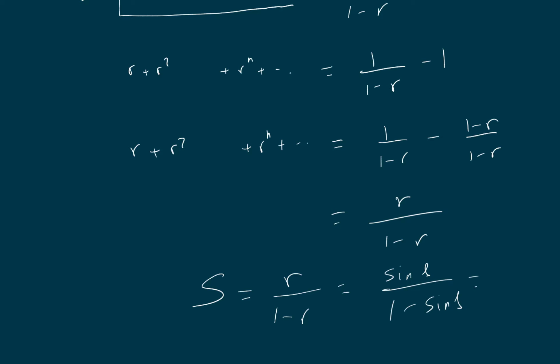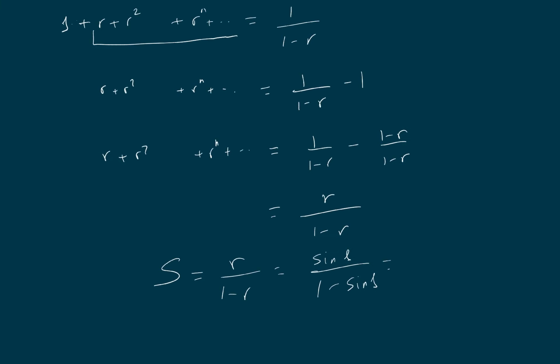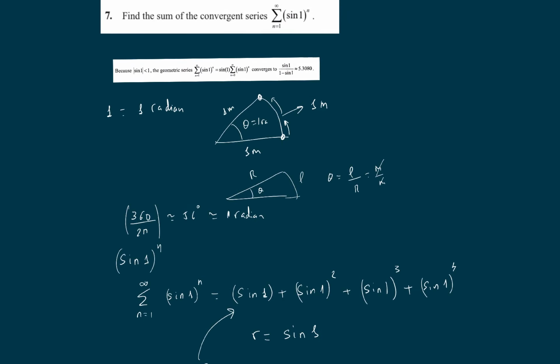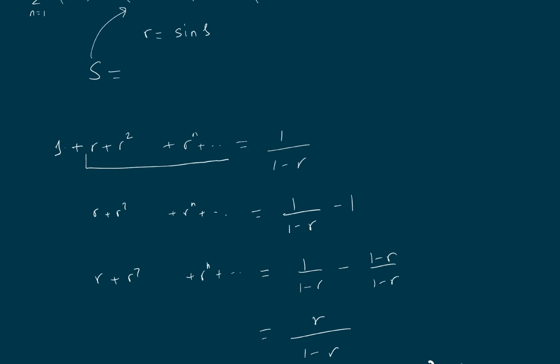Now if you go to your calculator and you find sine of 1 radian, not sine of 1 degree, sine of 1 radian is sine of 50 something. Maybe it is 0.7, I don't know, you will do it, divided by 1 minus 0.7. And the problem says that this is 5.3.